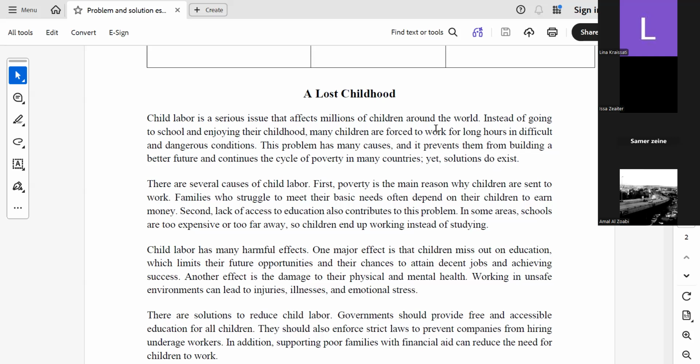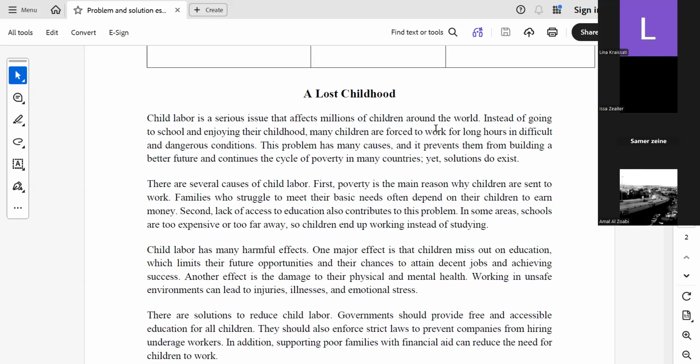Instead of going to school and enjoying their childhood, many children are forced to work for long hours in difficult and dangerous conditions. This problem has many causes, and it prevents them from building a better future and continues the cycle of poverty in many countries, yet solutions do exist. Did you notice in the thesis statement, which is the last sentence of the introduction, it included every single thing briefly, what I'm going to discuss in the body. I will reread it.